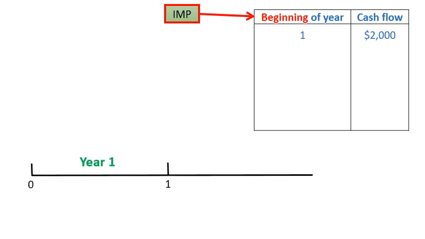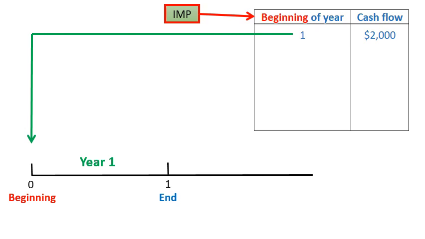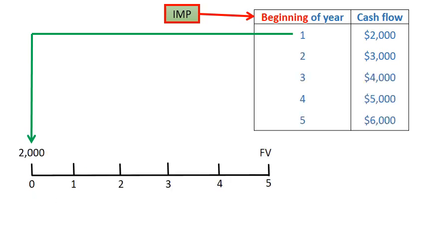So look at the timeline here of year 1. For the whole period of year 1, the beginning period is at T equals 0. The end of year 1 will be at T equals 1. So at the beginning of the year, here at T equals 0, 2000 will be collected at T equals 0. That is today. Let's move on to other years.